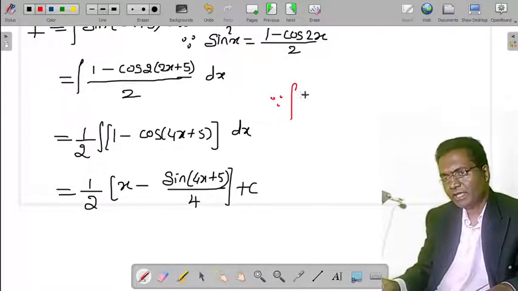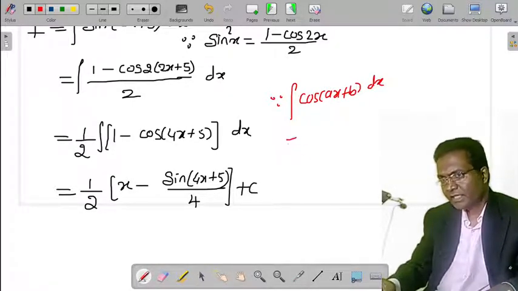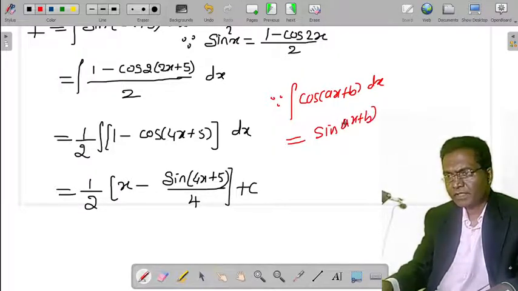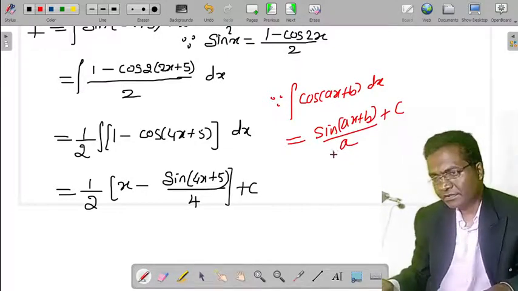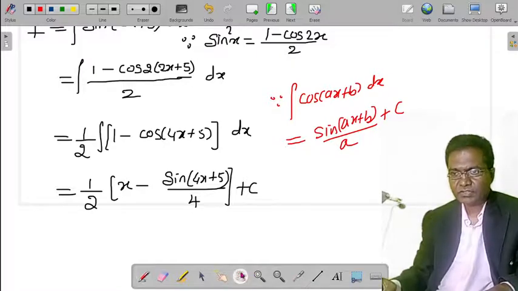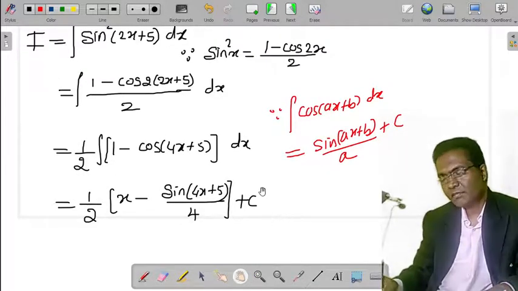Remember this, integration of cos ax plus b is sine ax plus b whole divided by a. So the coefficient of x you have to write down. So this is how you can use the trigonometric identity.